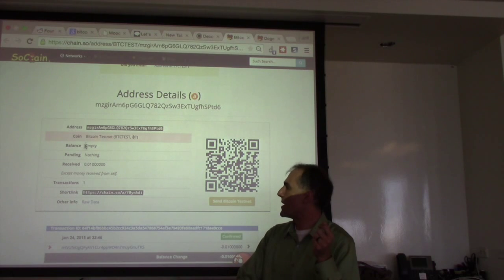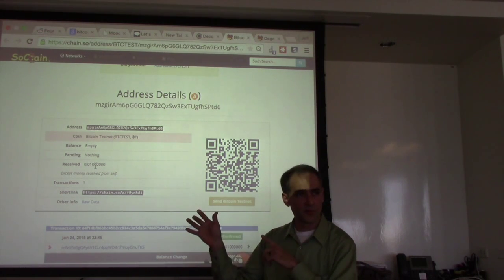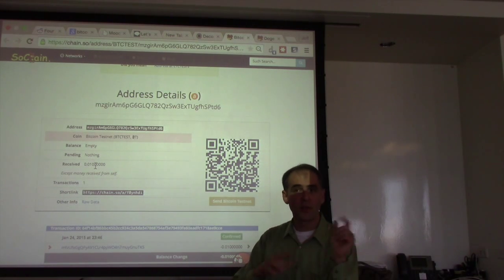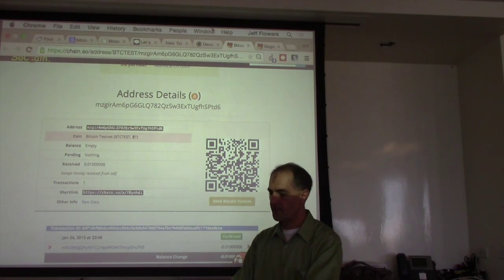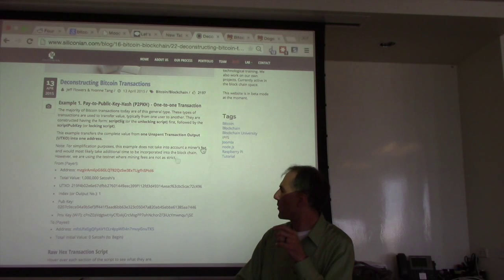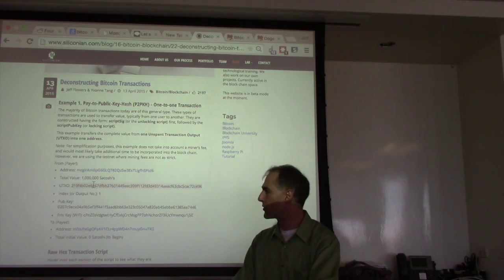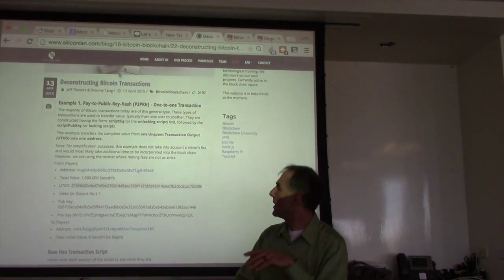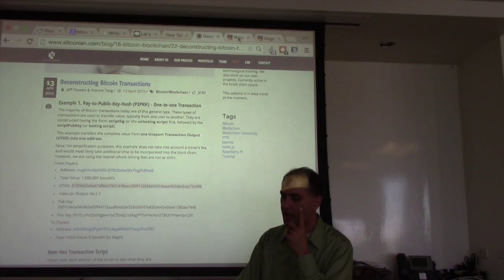We can see that it's now empty, of course. We're going to move this initial value from this address to another address. We're going to spend 1 million Satoshis. Here is the unspent transaction output. You have to get this from a Block Explorer.